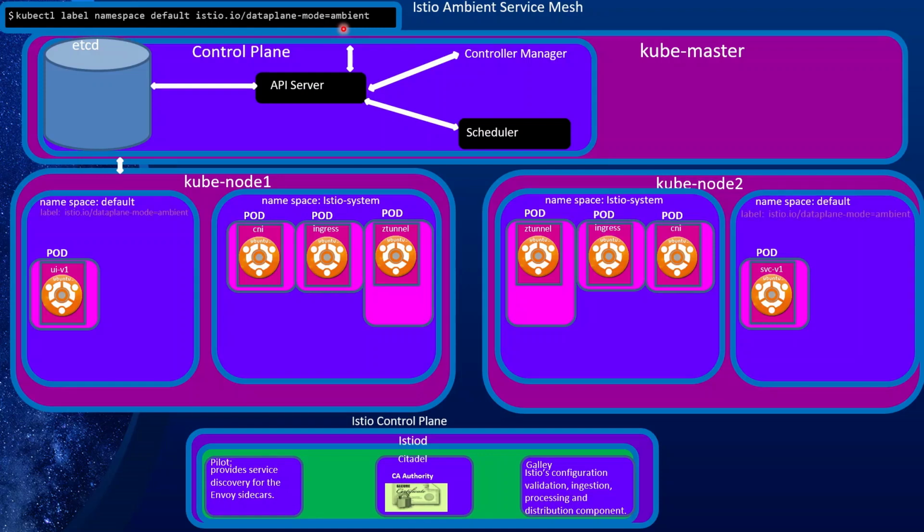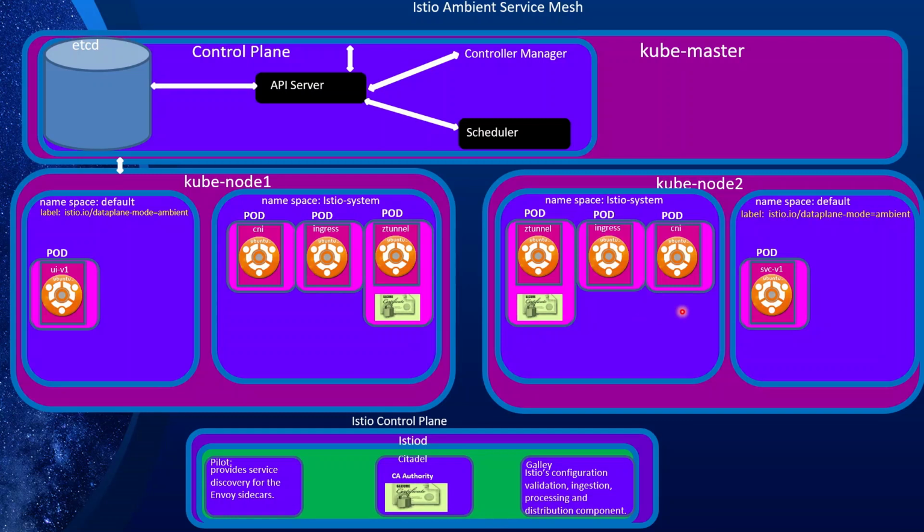Once that's done, the label will be created for our default namespace, and Istio will also issue the certificates, because we already have a service on this side and a service on this side. Then the appropriate certificates for TLS will be installed. All the applications on this side will be managed by this ztunnel, and all the applications on the other side will be managed by the ztunnel over here.